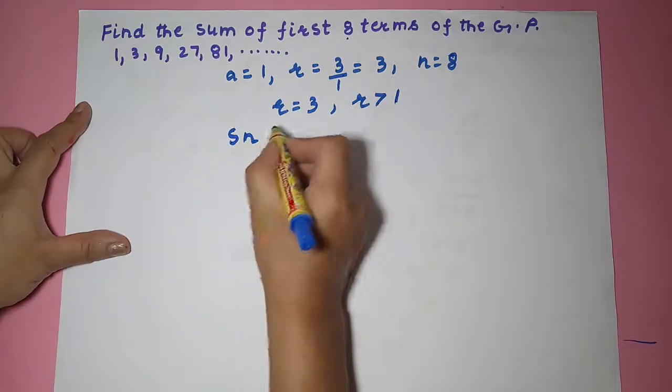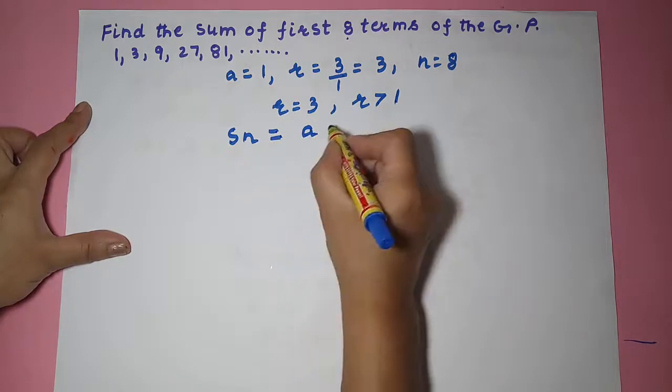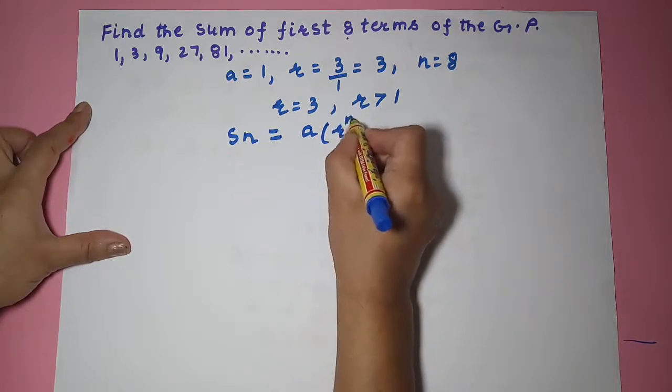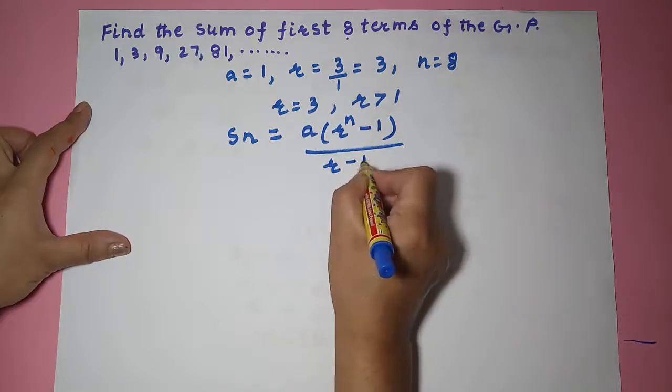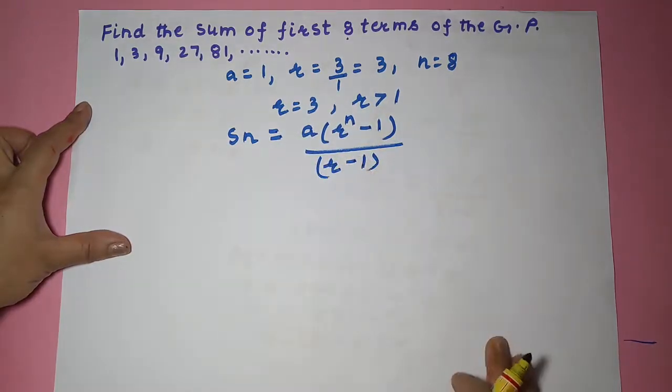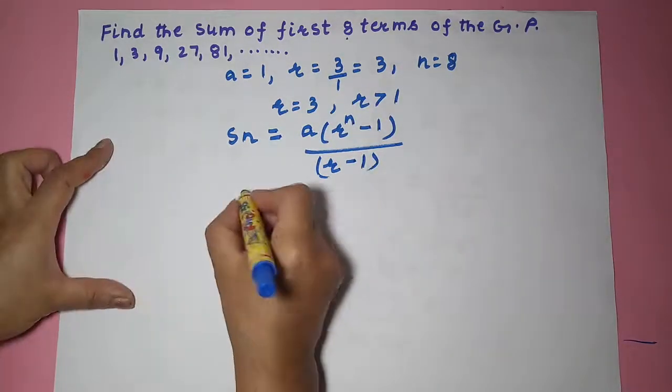I know when R is greater than 1, the formula I use is A into R raised to n minus 1 upon R minus 1. This is the formula I am going to use. Now, I have the data, I have everything. So let me substitute.